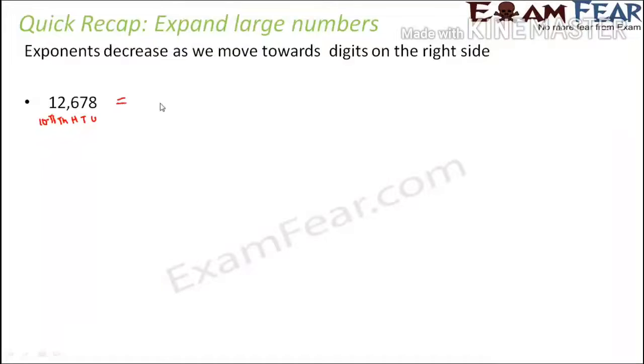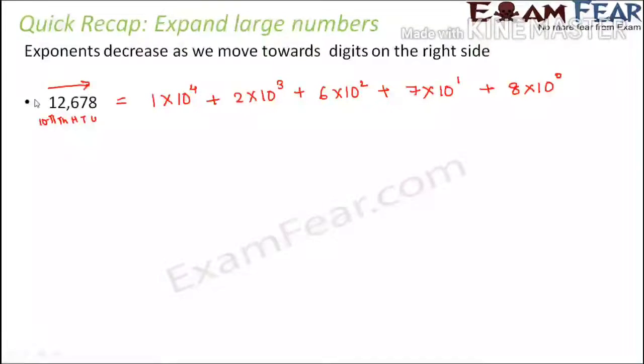This can be written as 1 into 10 to the power 4 plus 2 into 10 to the power 3 plus 6 into 10 to the power 2 plus 7 into 10 to the power 1 plus 8 into 10 to the power 0. So what do we see? As we move towards the digits on the right hand side, the value of the exponents gradually decreases.